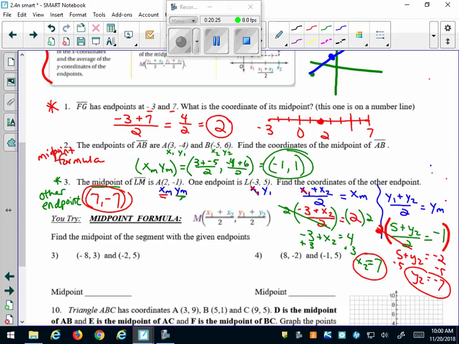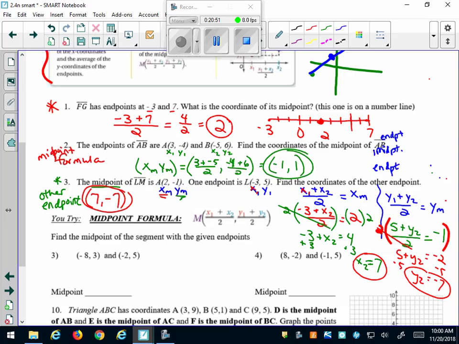I do have a bit of a shortcut trick for that. It's just a different way of looking at it. I'll show it to you right over here. So if you set this problem up as endpoint, midpoint, endpoint, one on top of the other.